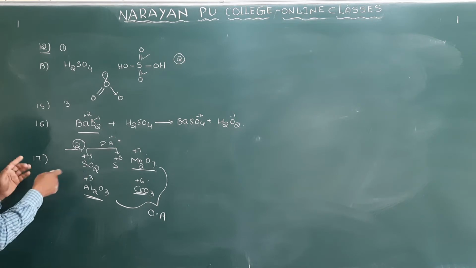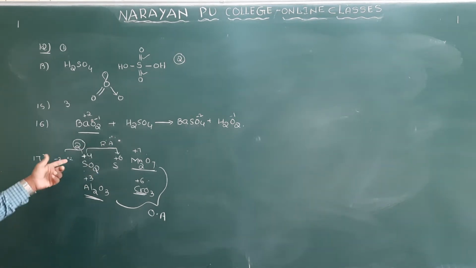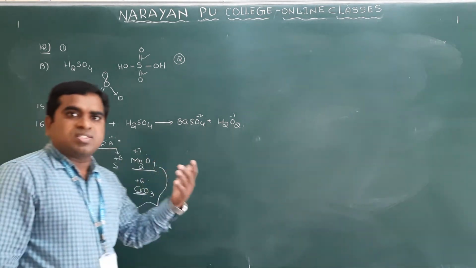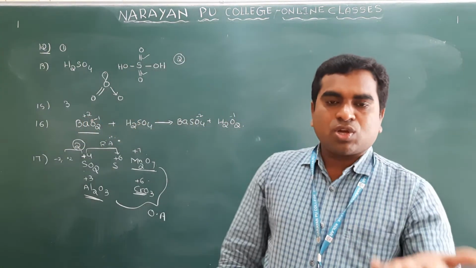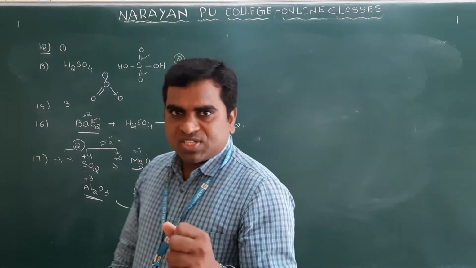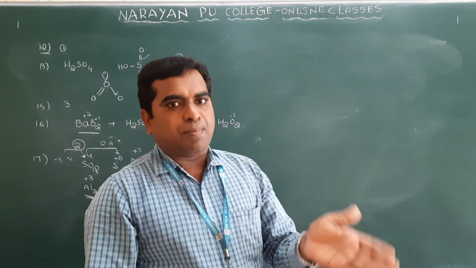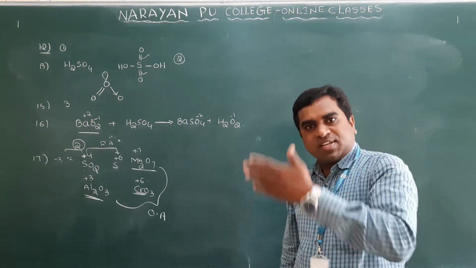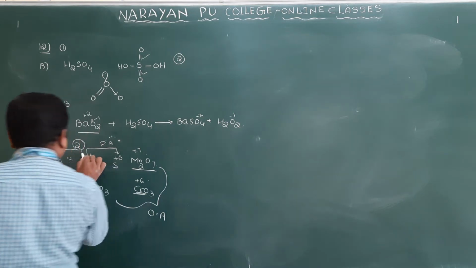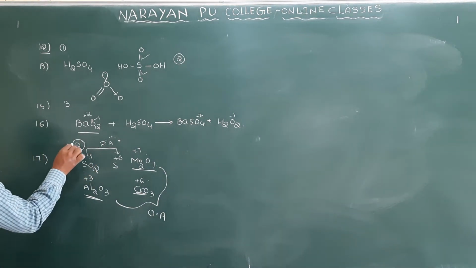It can show -2, +2 or +4 oxidation states also. Oxygen only shows the -2 oxidation state, but sulfur and the remaining sixth group elements show +2, +4 and +6. So it can also undergo reduction, and when it undergoes reduction, it acts as an oxidizing agent.